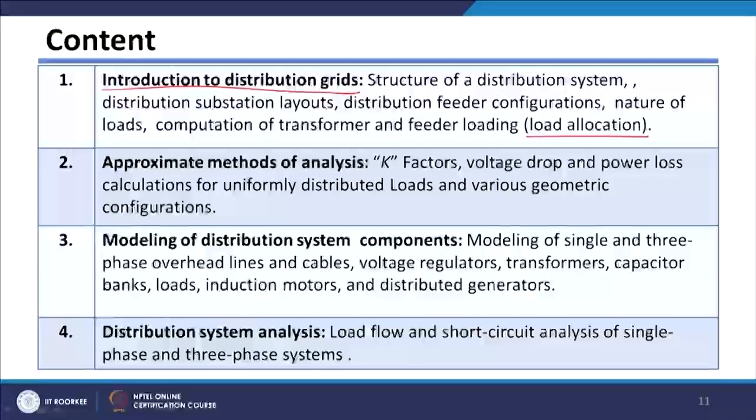Then we will see various approximate methods which are available for distribution system analysis. There are some methods which are based on K factors, so we will study them. The main aim of approximate methods is to get the voltage drop and power loss calculation on uniformly distributed load over the feeder. Then we will see various geometrical load configurations.